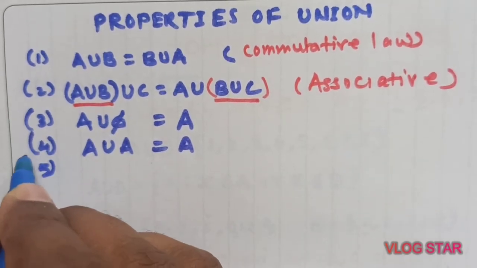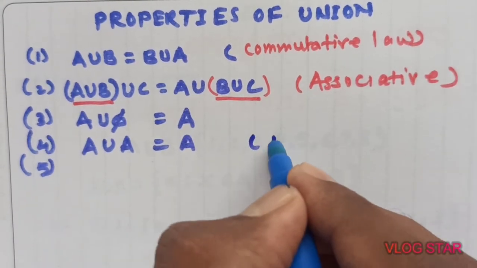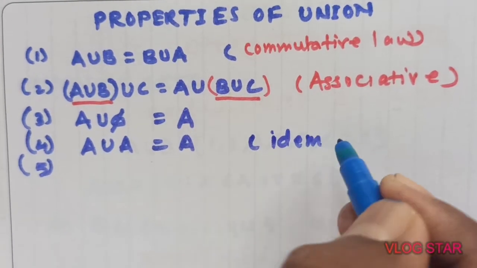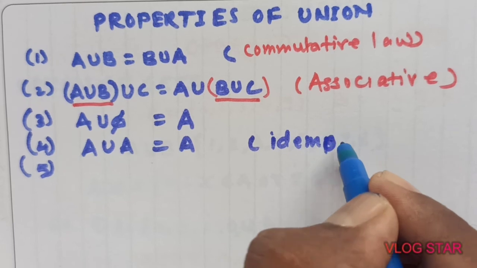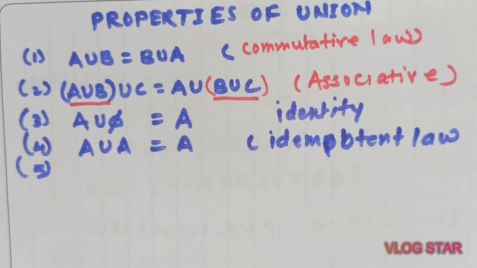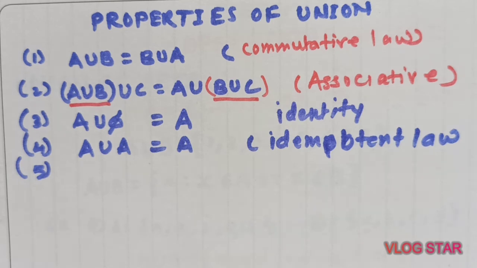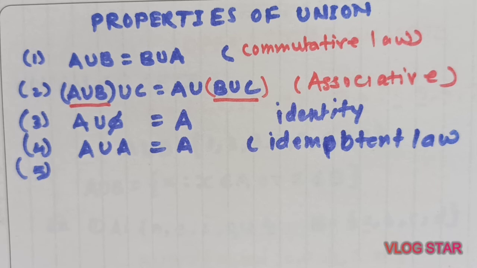This law is called the idempotent law. Identity for multiplication has no effect: 5 into 1 is 5, like that. 5 plus 0 is 5. So 0 is the identity for addition, 1 is the identity for multiplication. Similarly, the empty set is the identity for union.